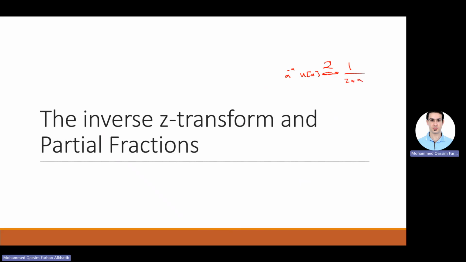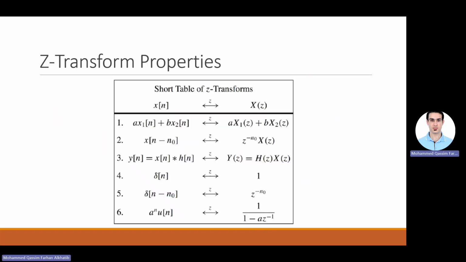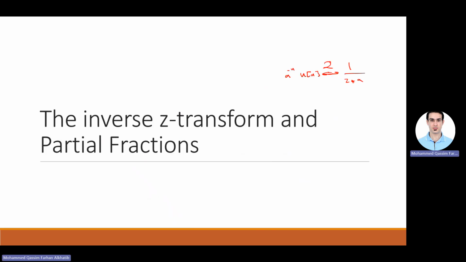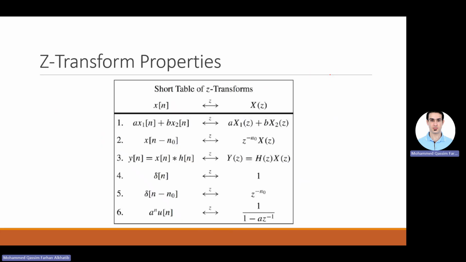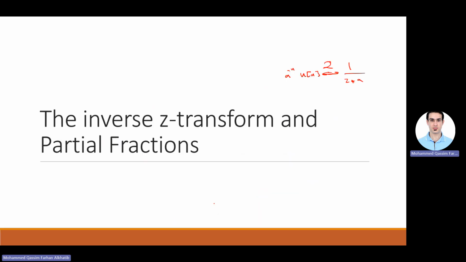We'll check the table. All right, let me see if I got that. A to the power n, u of n. Oh yeah, z plus a, so there's z minus a. Yeah, more or less. Let's stick to the tables. So I'll just remove that one so as not to get confused.